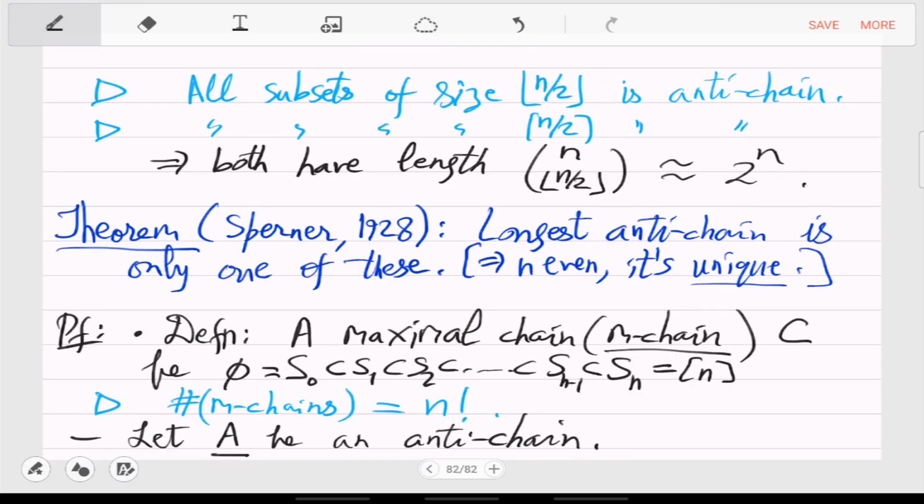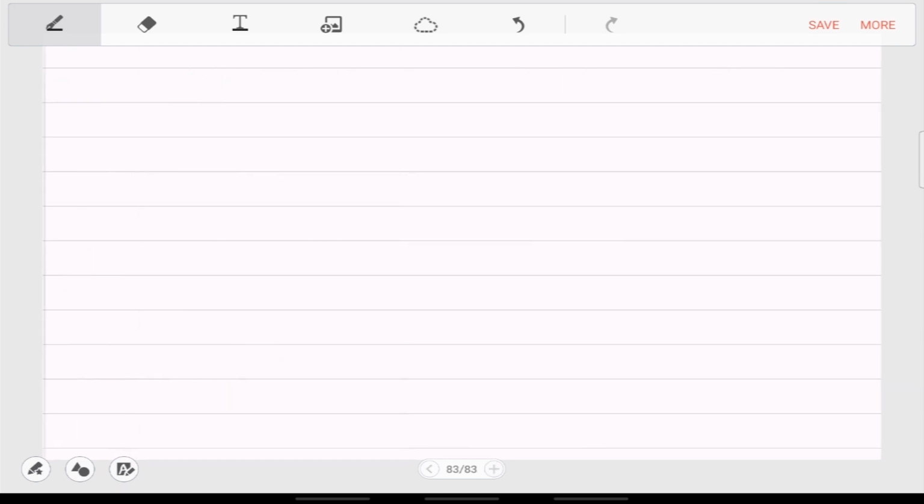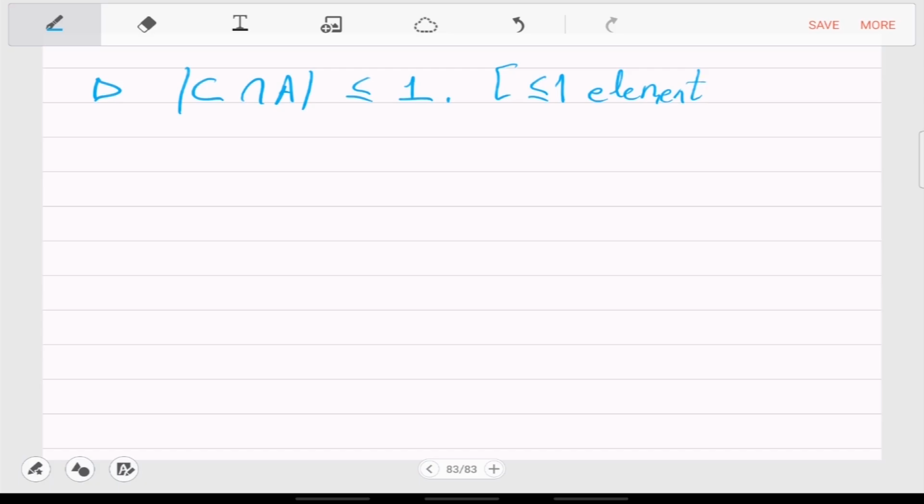Because if two elements, let's say Si and some Sj, are both in the anti-chain, then they will be related. So per M chain, there is at most one element in the anti-chain. Let's record that. So the size of C intersection A is less than or equal to 1, at most one element of C in an anti-chain.